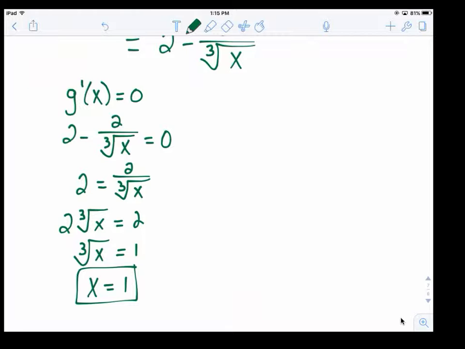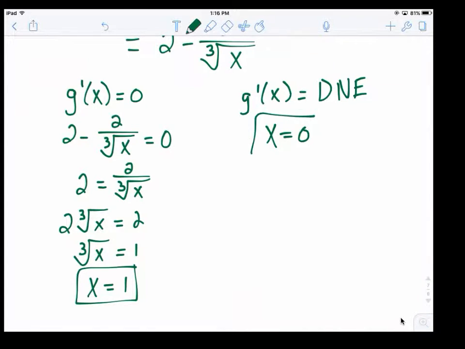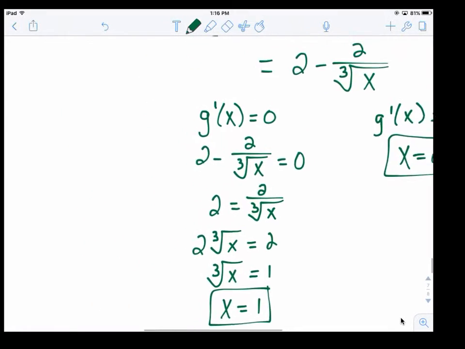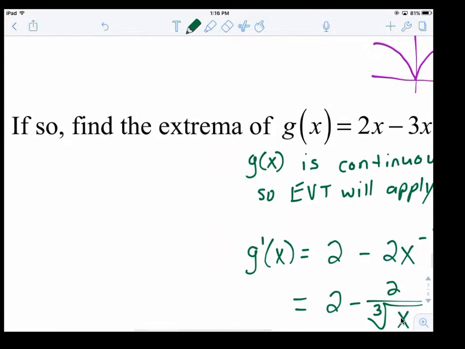Well, you can label it really as either one, endpoint or critical value. Now, where does the derivative not exist? 0, correct. Is that in my interval? Okay, so I'm going to have to test now -8, 1, and 0.